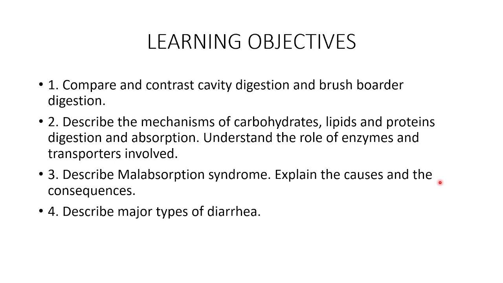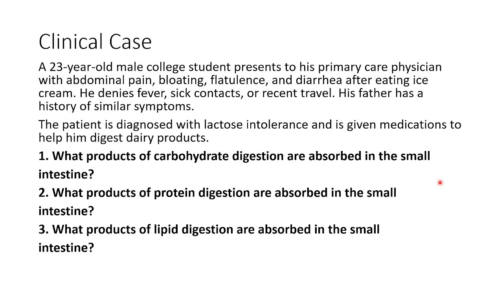Today we are talking about what is happening on the brush border, what enzymes are involved there, and they are different from enzymes in the pancreatic juice, in the gastric juice, in saliva, and how different components of food are absorbed. So this is our case for today.